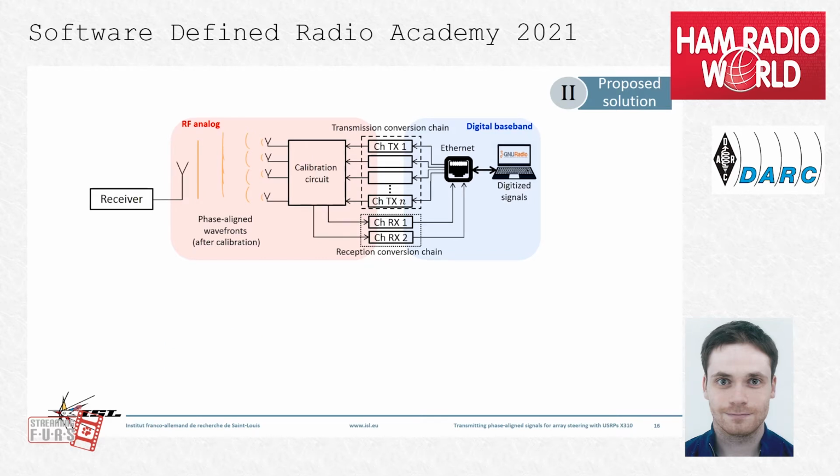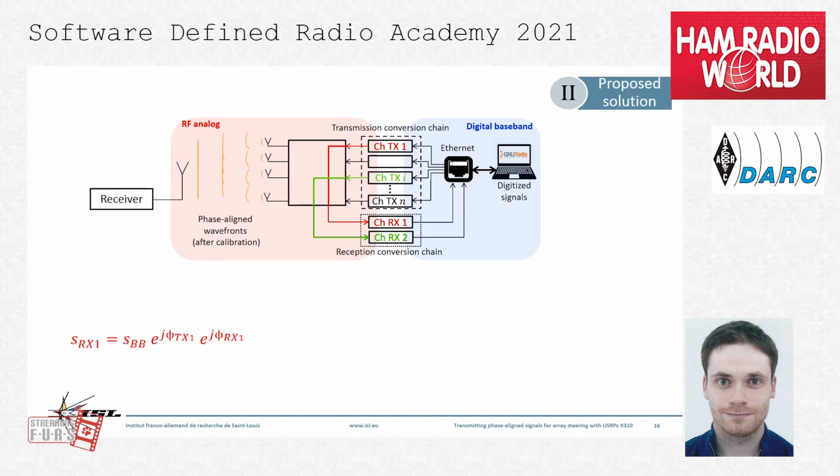Once this is done, and while the first receiving channel only allows us to visualize an image of the signal transmitting on the first transmitting channel, used as a reference, the second reception conversion chain is used to loop any of the remaining transmitted signals.